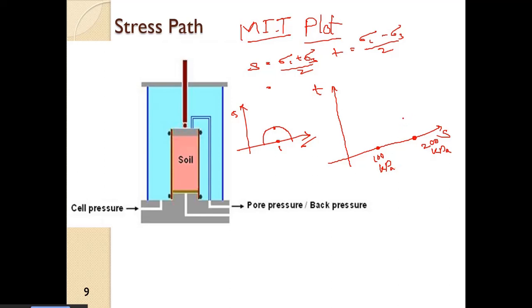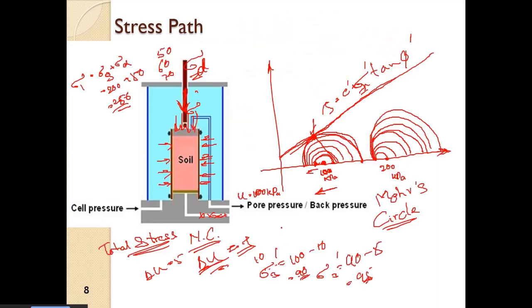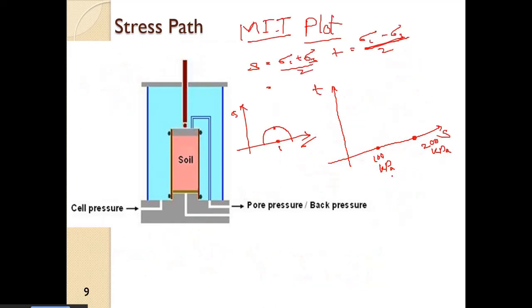Now if we plot it in terms of S and T, as this Mohr circle goes on increasing, we will plot these points. You can see these points we can plot, which is actually T. If this is S, we can join these points, and then we will have the ST curve. So from here the ST stress path will move in this direction.